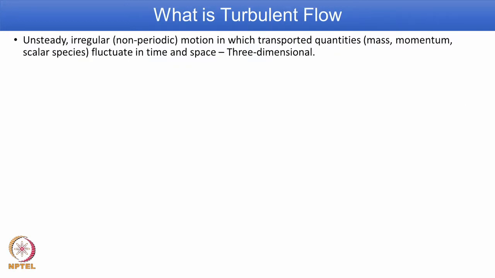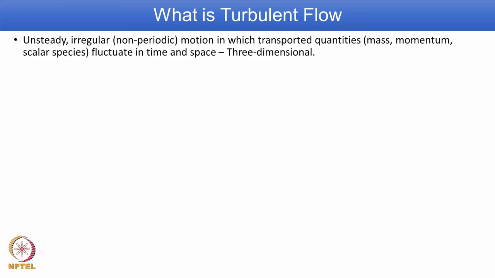Let us start by defining the turbulent flow. It is unsteady, so you do not have the unsteady term dropped in the Navier-Stokes equation. It is irregular, so you do not have any predefined situation, it is a non-periodic motion. We are concerned about three properties: mass, momentum and scalar species. It may be temperature, density, or concentration.